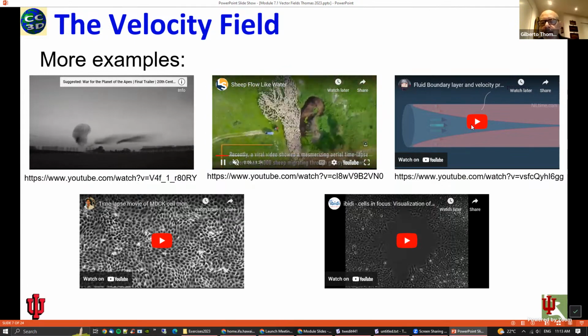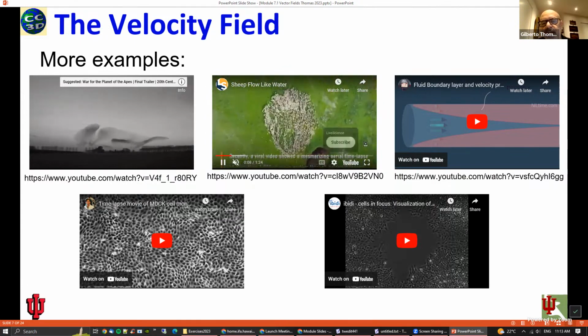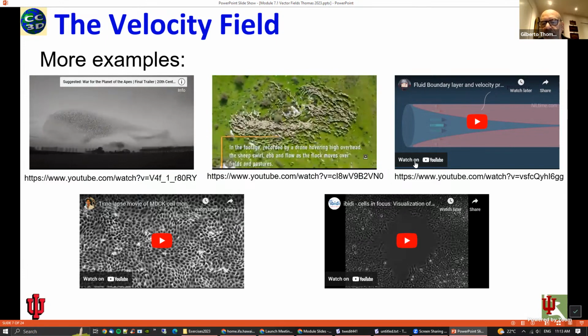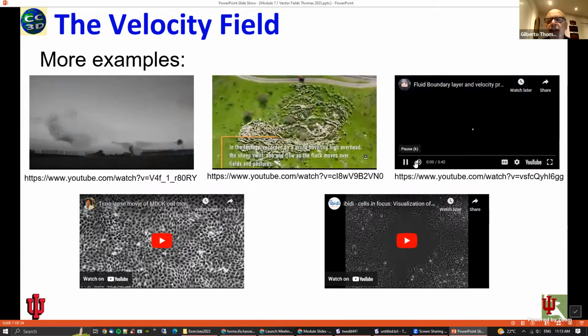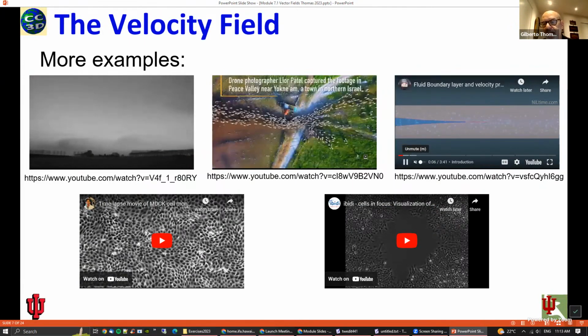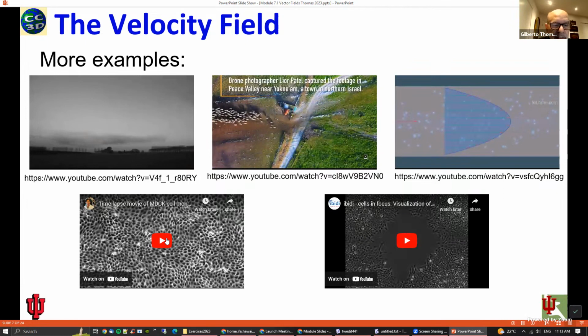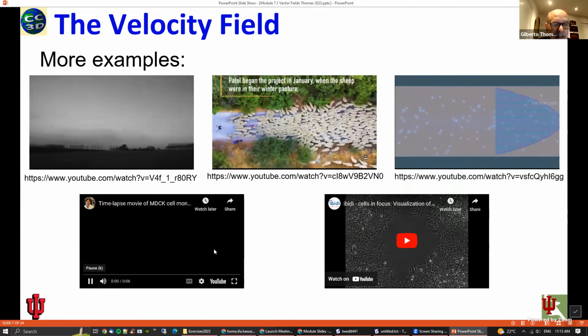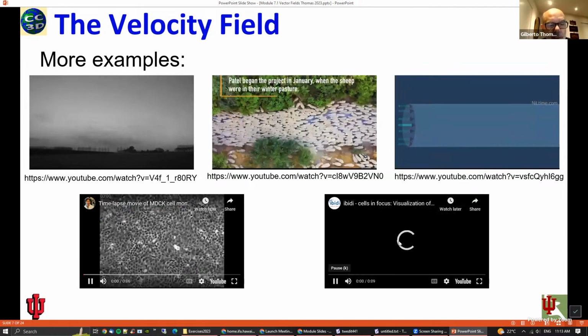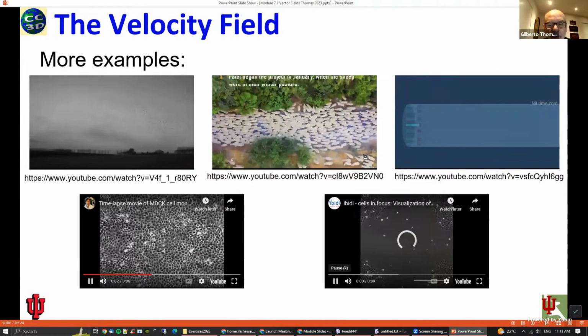You can use a vector velocity field to describe how fluid flows inside a pipe, for example. And finally, we can even use a velocity field to describe how cells move.